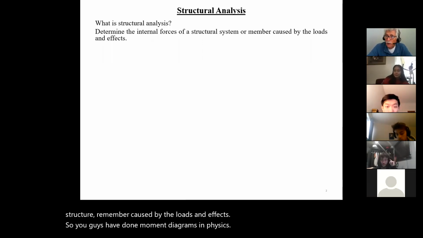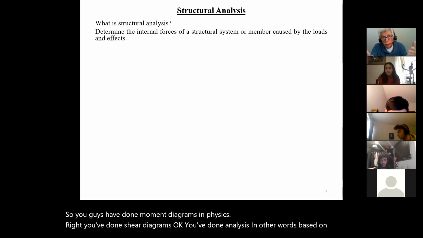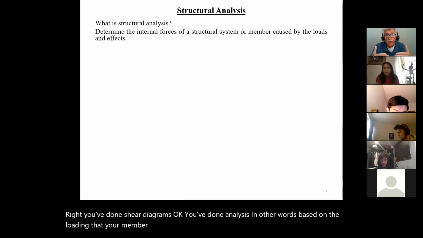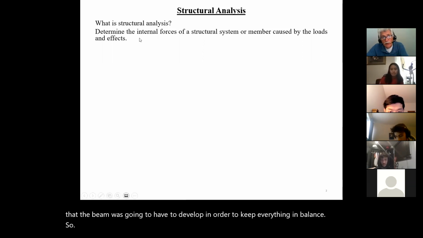You've done shear diagrams, okay? Well, you've done analysis. In other words, based on the loading that your member was subjected to, you were able to determine the internal forces that the beam was going to have to develop in order to keep everything in balance. So does everybody understand what I mean by internal forces?